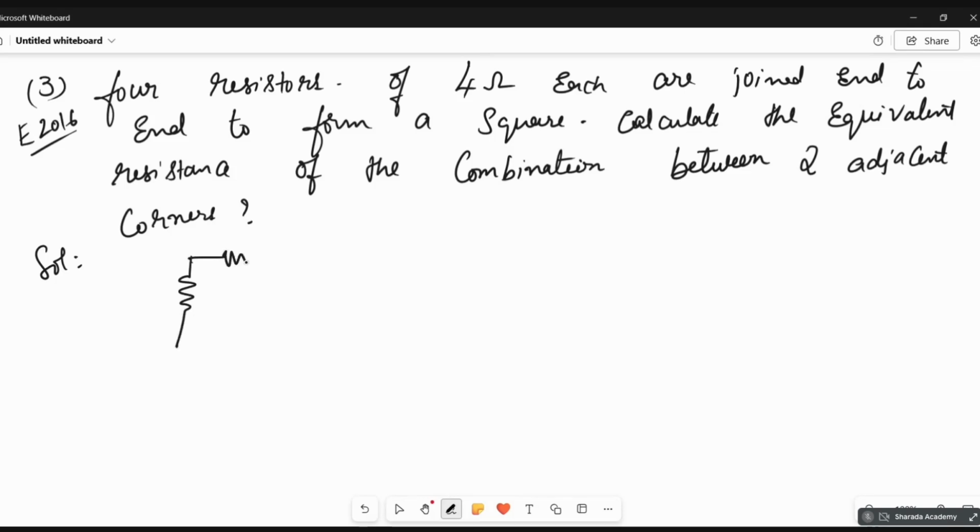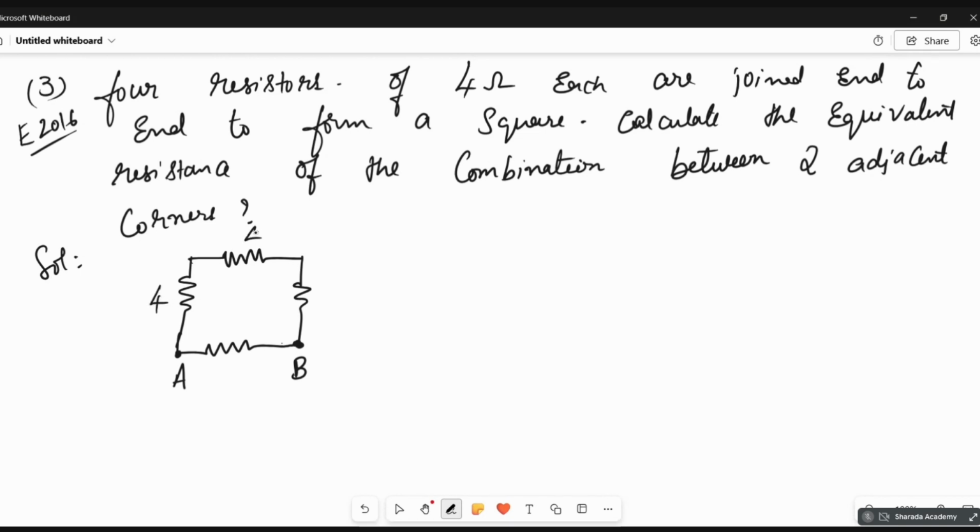Four resistors are in the form of a square. So first thing, it is in the form of a square, and you have to find the equivalent of the combination between two adjacent corners. One after the other, like that, adjacent corners means. So A and B. Mark this as A and B. Total 8 ohms?